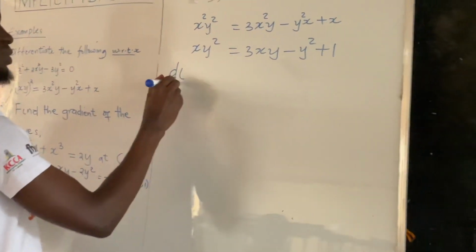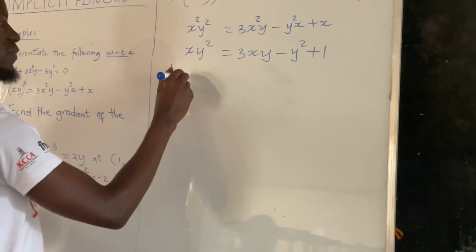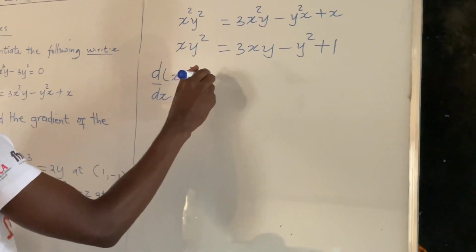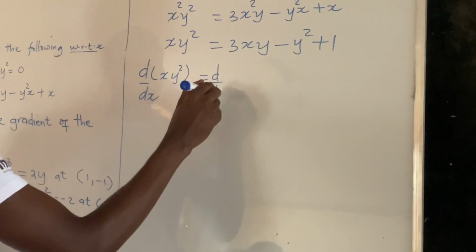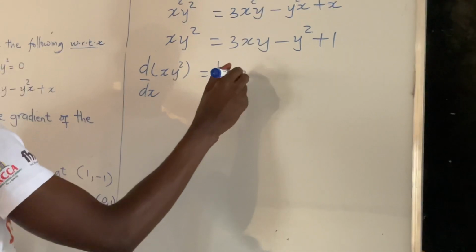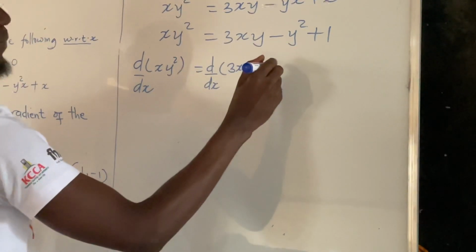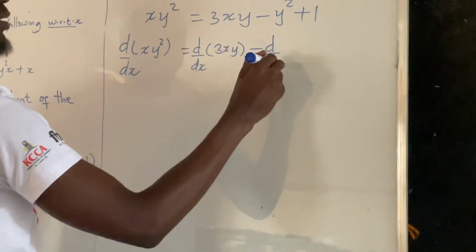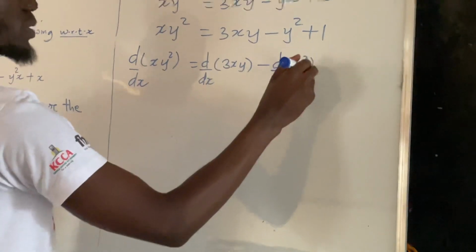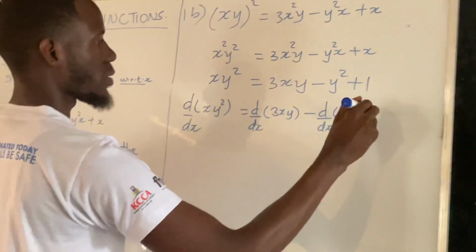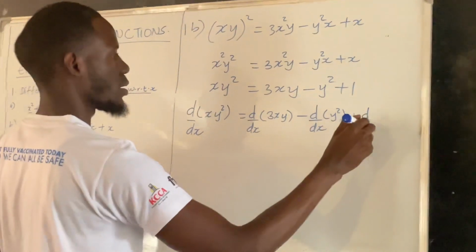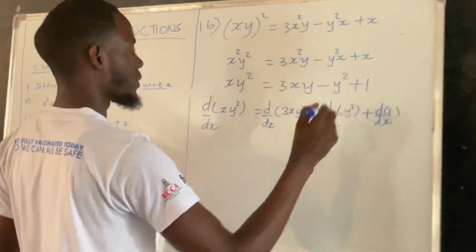So we are saying d/dx of xy squared is equal to d/dx of 3xy minus d/dx of y squared, then plus d/dx of 1.